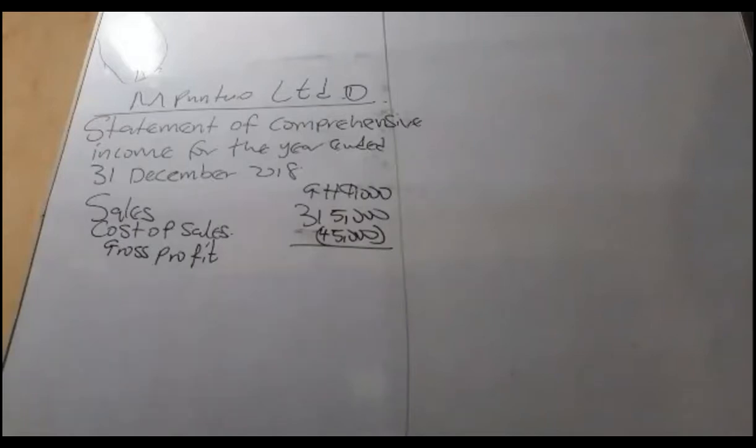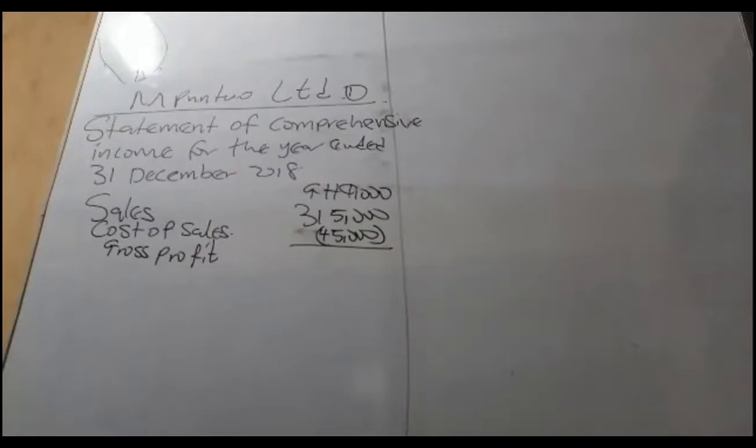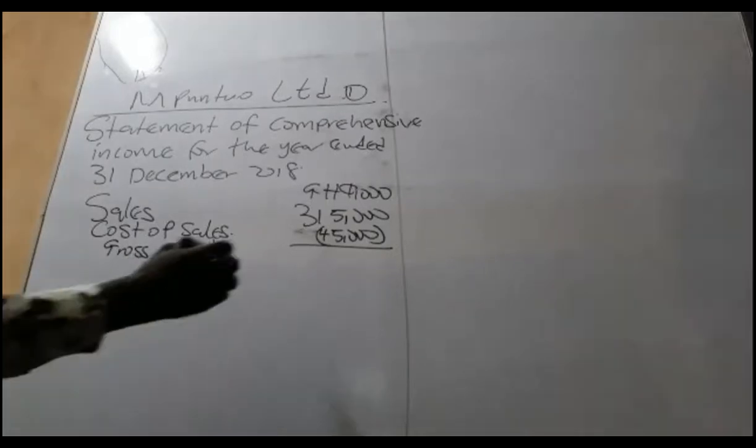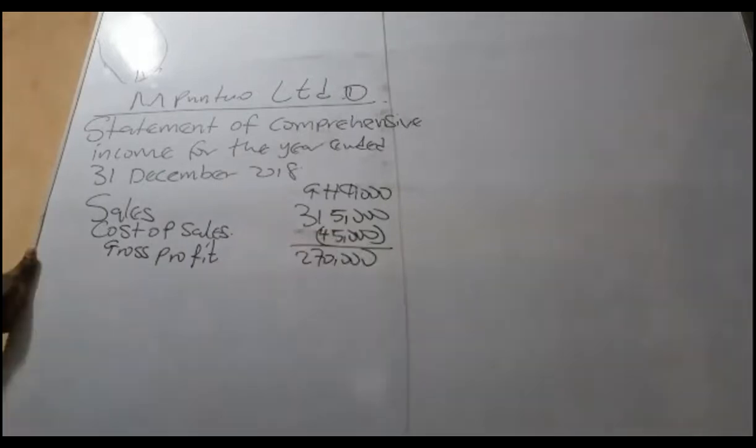So let's see, where's my calculator? 315 less 45. That's 270,000. So that's the gross profit. So you put it down.